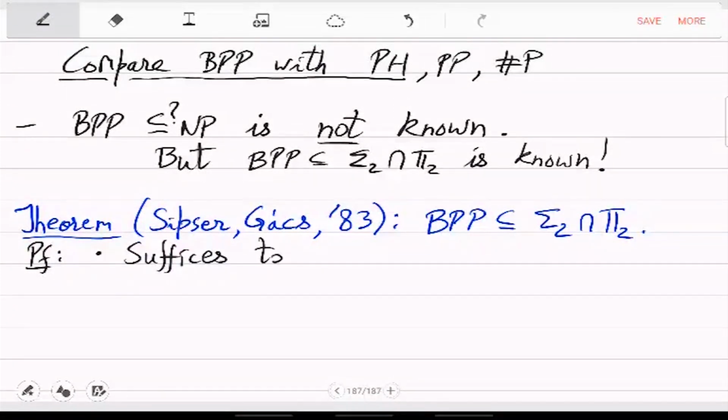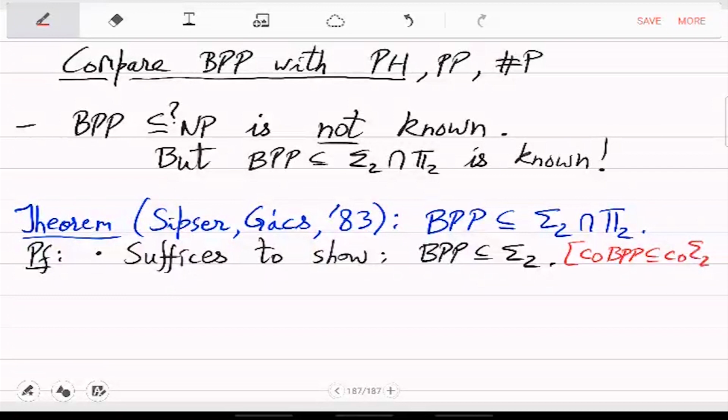So it suffices to show that BPP is in sigma 2, because then you will get BPP in co-sigma 2, so BPP is in pi 2. The two are equivalent.